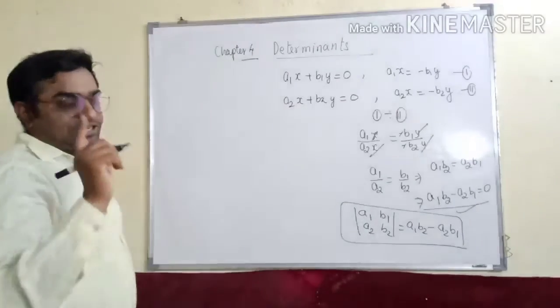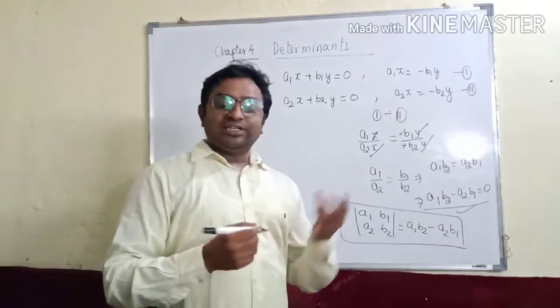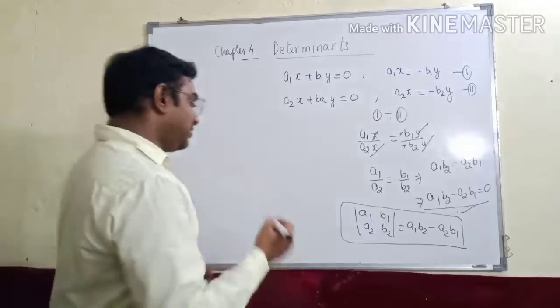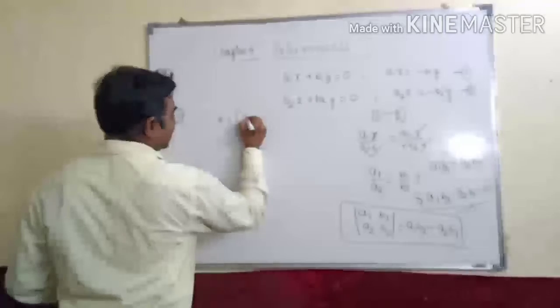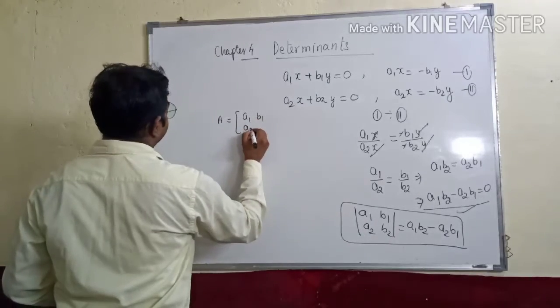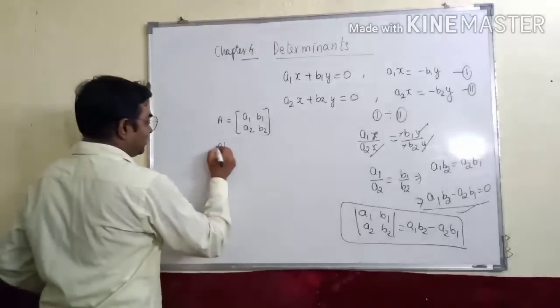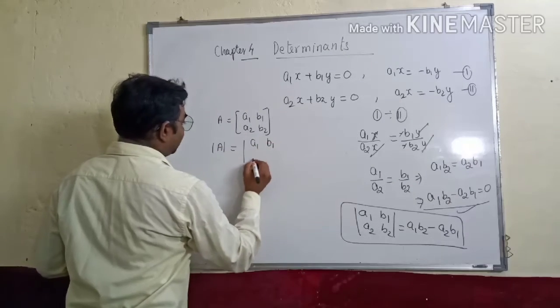Here, when you go for the determinant value, that is the determinant value of any matrix. Like if A is a matrix, a1 b1 a2 b2 is here. If you go for the determinant of A, this will become determinant form, a1 b1 a2 b2.